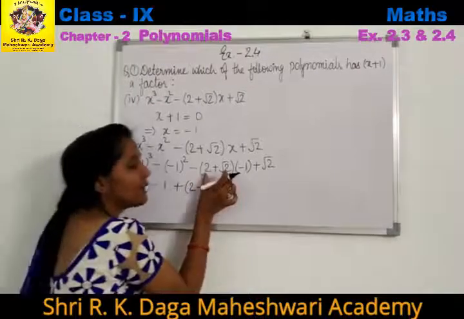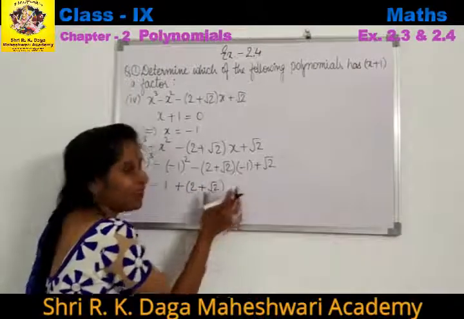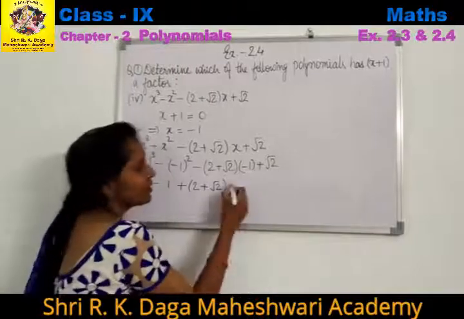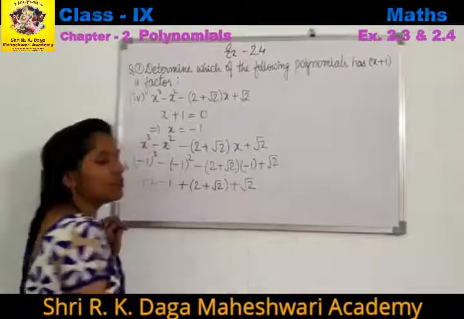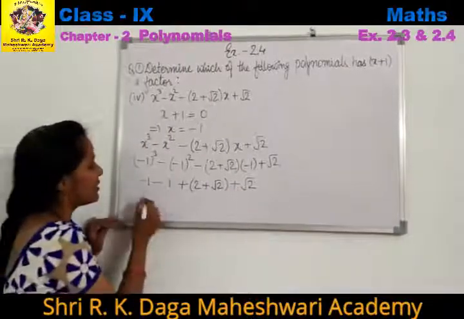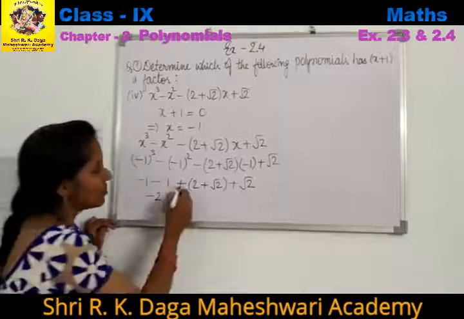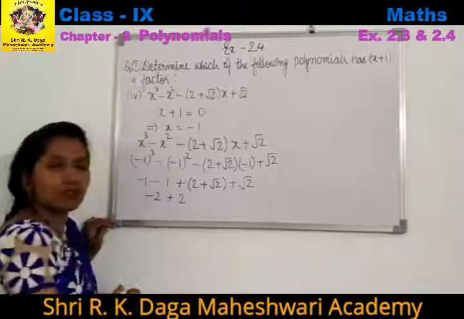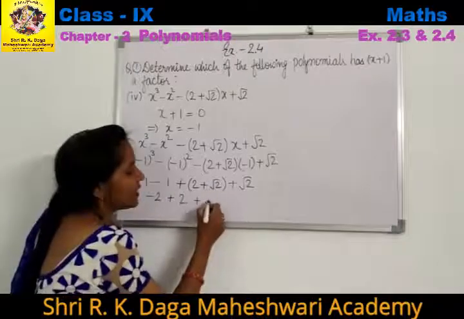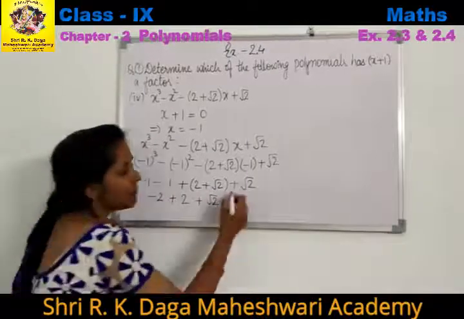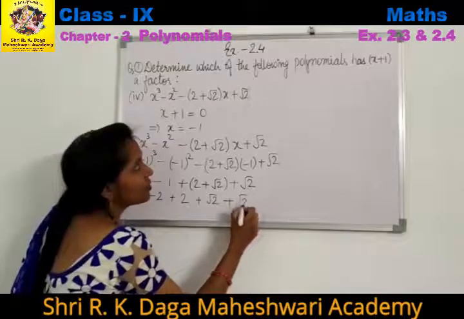And when we multiply 2 plus root 2 by 1, we get the same term, plus under root 2. Now solve this. Minus 1 is minus 2 plus 2 plus under root 2 plus under root 2.